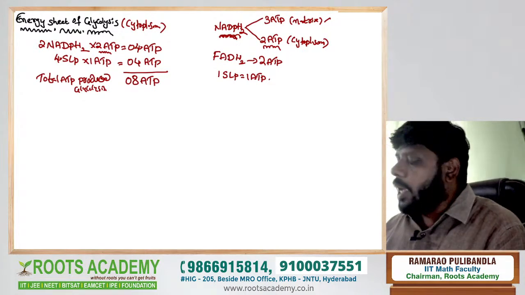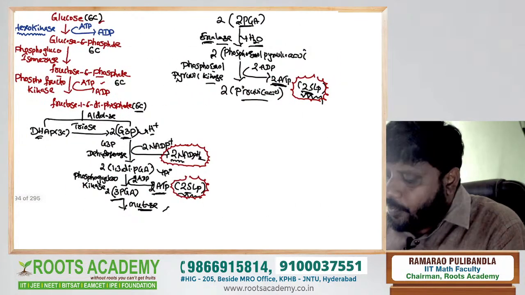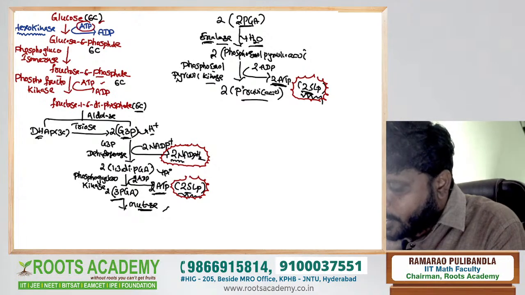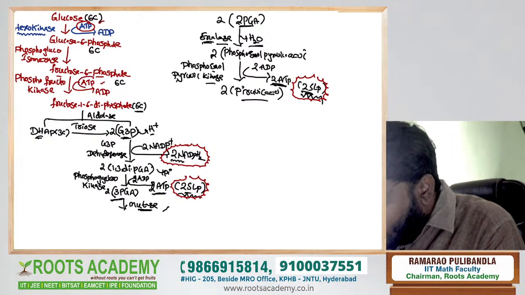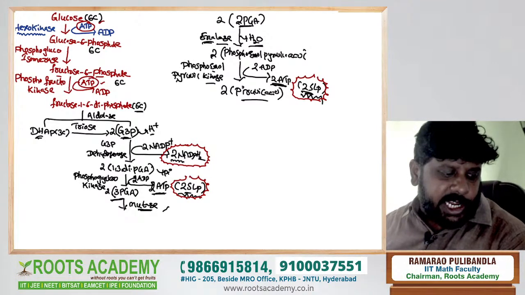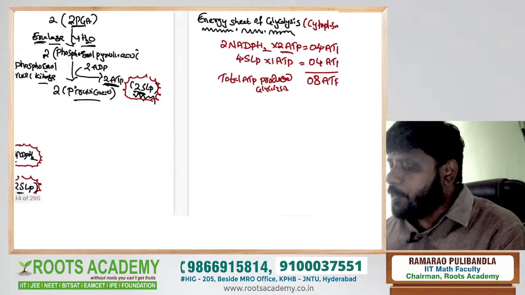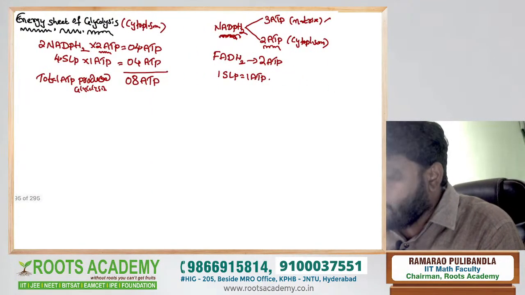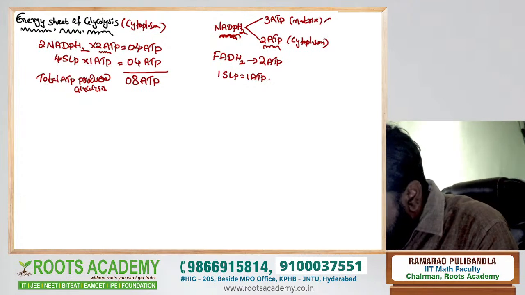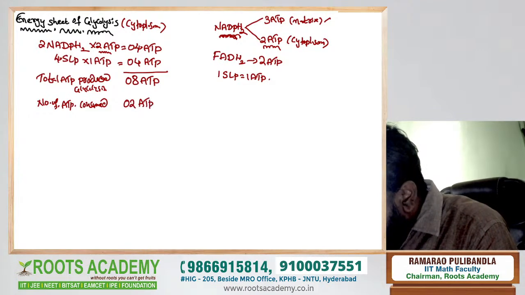Okay? And listen. In the first reaction 1 ATP is consumed, in the third reaction 1 ATP. Total how many ATPs consumed? 2 ATPs are consumed. So from these 8 we subtract 2. Number of ATP consumed is 2 ATP.